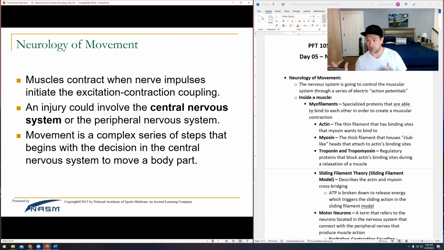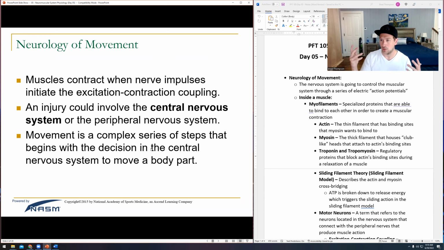Like, it's very, very, very well protected, but it needs to be able to interact with the outside world. And so it's going to send signals away, and it sends those signals away through the peripheral part of your nervous system. And then it also needs to be able to gather information, right? And so the peripheral system also gathers information and sends it to the central system. So that's how our nervous system sort of functions overall, right?